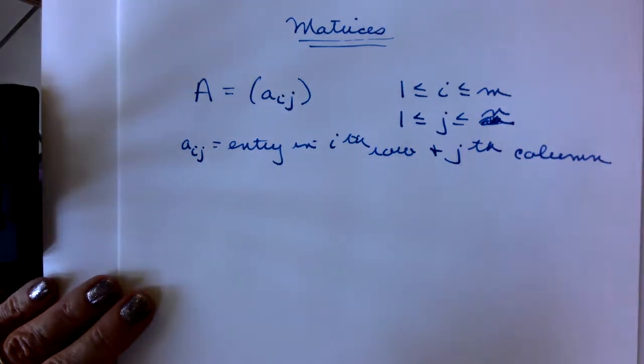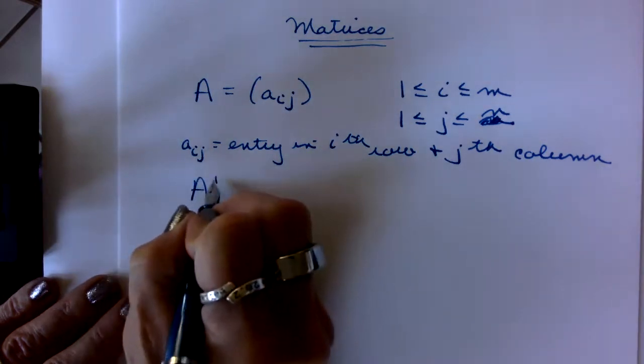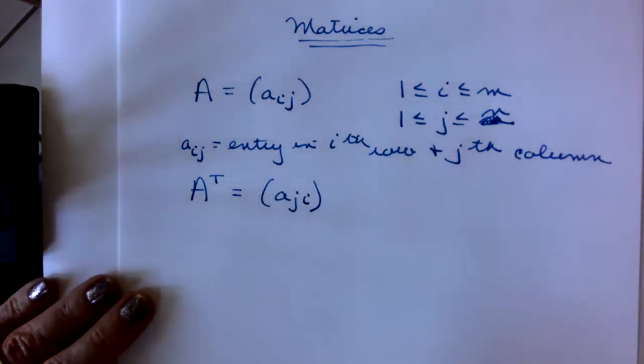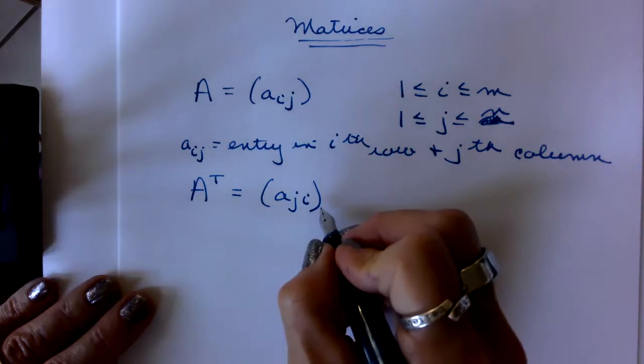Often we have to deal with the transpose of a matrix. The transpose of the matrix means you invert the rows and the columns. So I'll do an example in a second, but a transpose is just Aji.